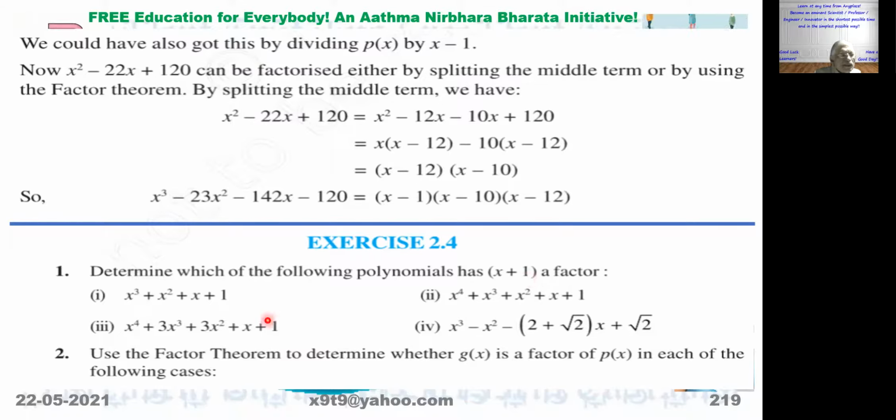Now this is plus 1, this will be minus 3, and this is plus 3, they will cancel. Here there was plus 1, there is minus 1 for this, so it cancels, and 1 remainder will remain. So therefore, x minus 1 is not a factor of this. So determine the factors by using long division also, just for practice.